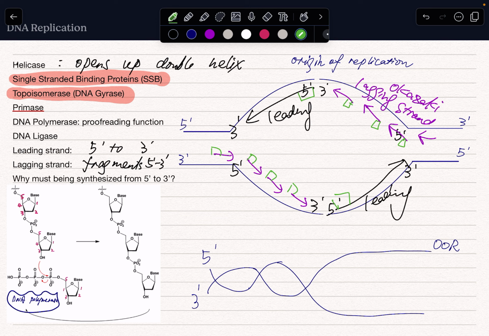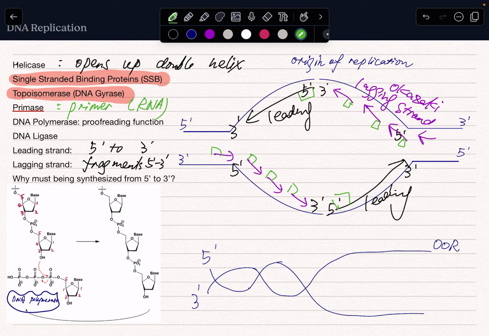Primer has to be synthesized before the elongation of the DNA, okay? And this is done by the enzyme primase. So primase synthesizes the primer, and the primer is actually RNA, okay? It will later be ditched and replaced by DNA. But to begin this process, we have to have the RNA primers, okay?